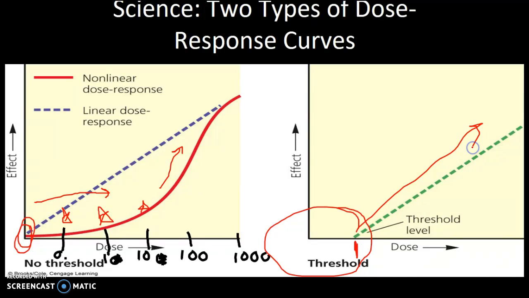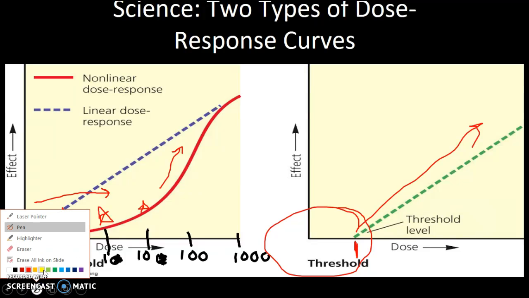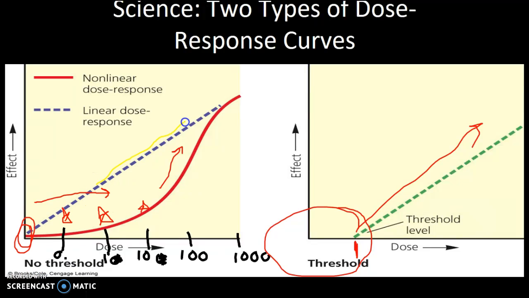But in this case, this is a linear response curve, because of this blue line over here on the left. That blue line on the left, and this one over here on the right, are both linear response curves. If that's a logarithmic scale at the bottom, that is actually showing a logarithmic response.